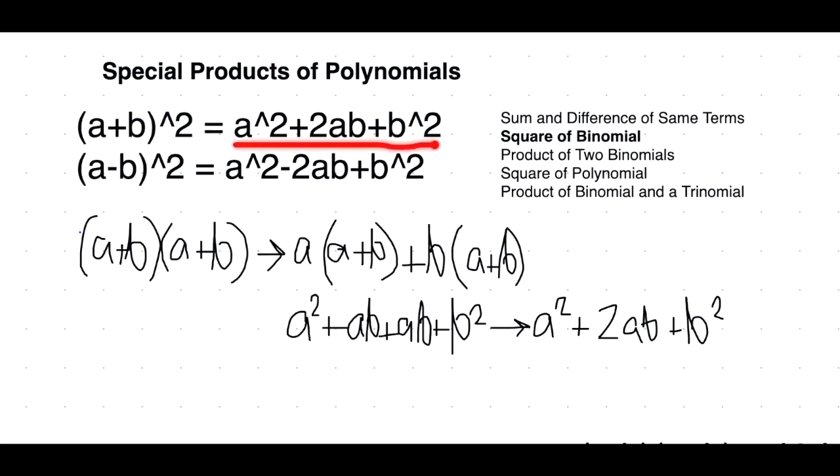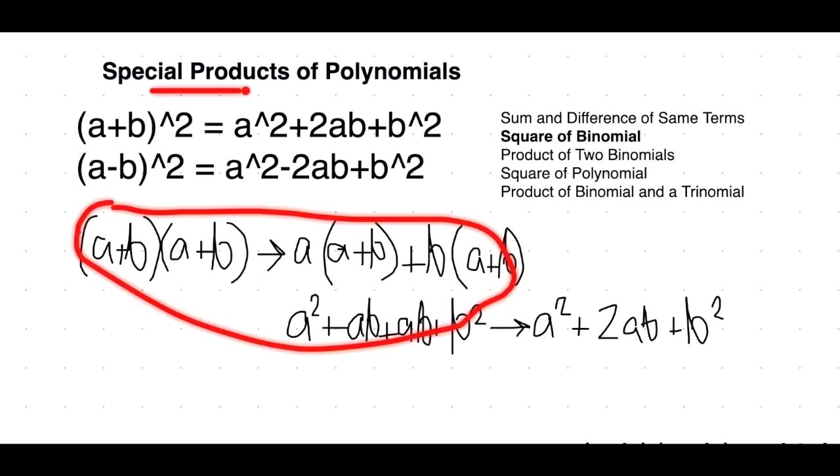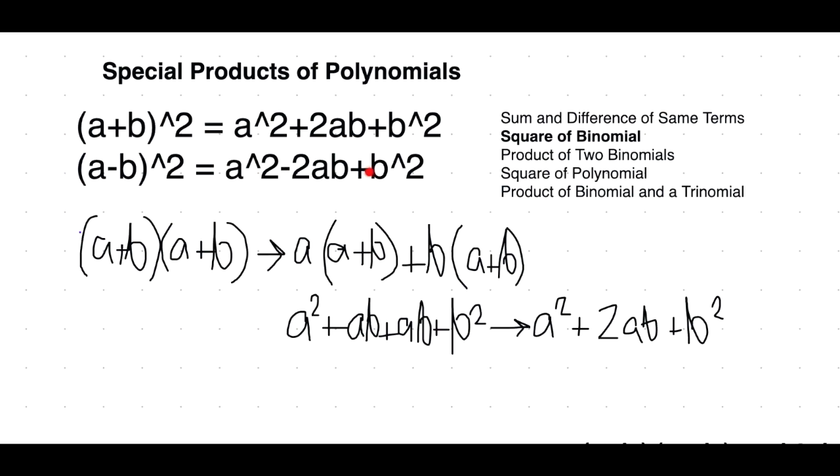We know that a plus b squared is just multiplying the bracket by itself, and without having to do this whole calculation, the special product helps us know what the answer will be: a squared plus 2ab plus b squared, as shown here.